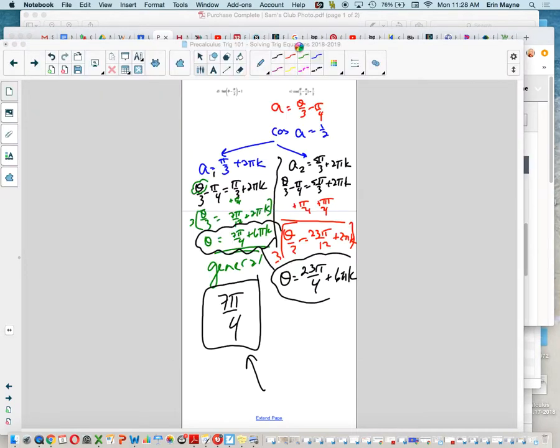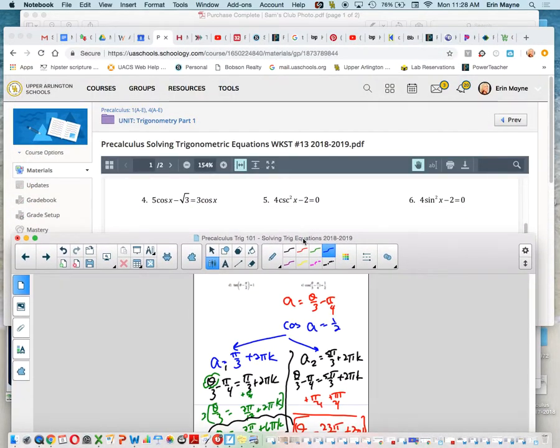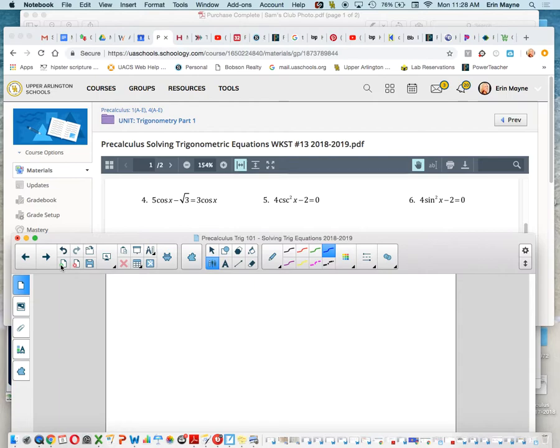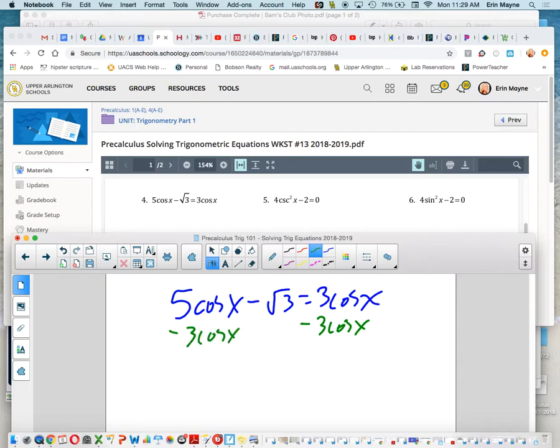Look at, you can write this down in your notes if you want, but look at number 4 for a minute. If I have 5 cosine of x minus root 3 equals 3 cosine of x, how do you think I'm going to solve that? What do you think I have to do first, Stephen? Yeah, get your trig functions on the same side. Well, how many cosine of x do I have?